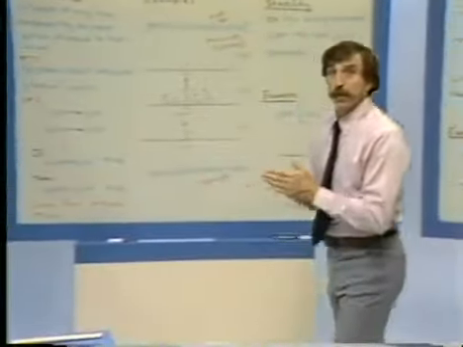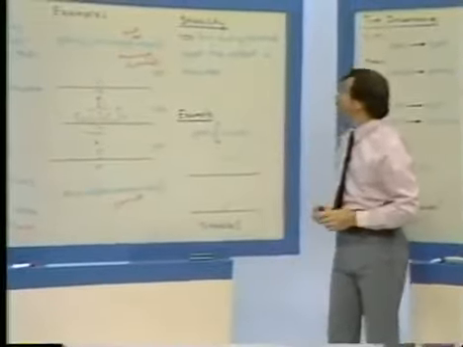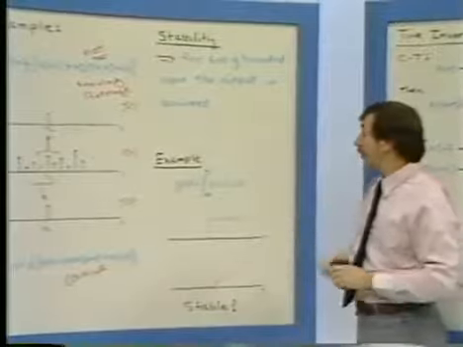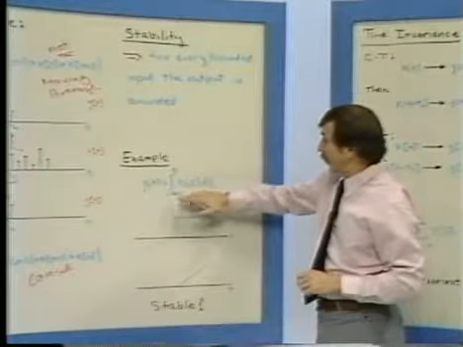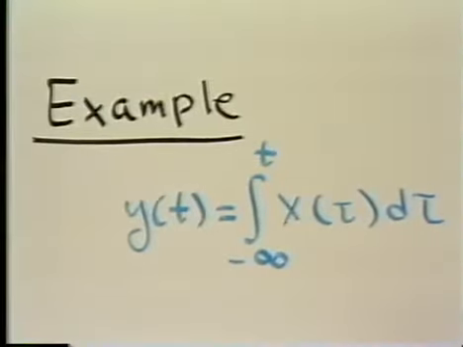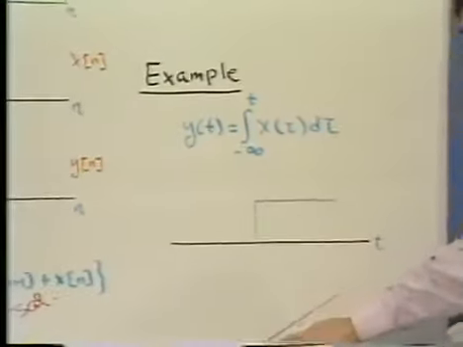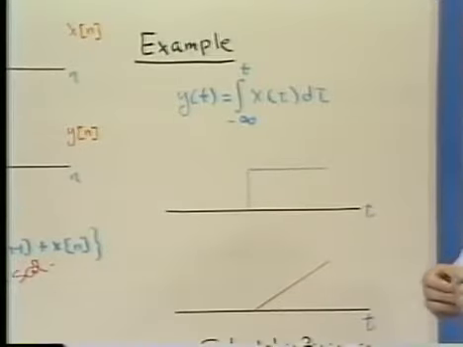Okay, well, let's continue on with our property of stability. I have here, again, the example of an integrator. As I indicate here, if we have an integrator and we put a step function into it, or a step signal into it, the output is what's referred to as a ramp signal. It linearly increases.